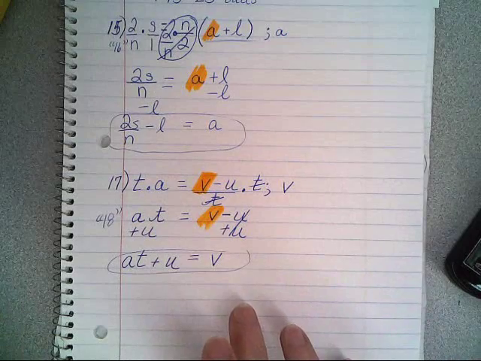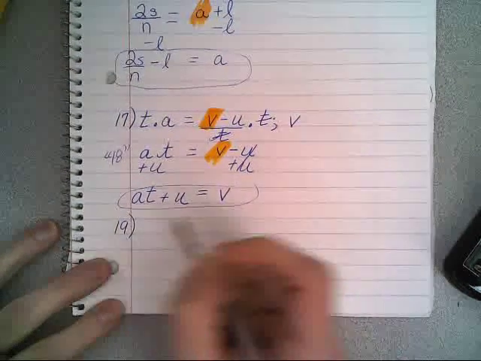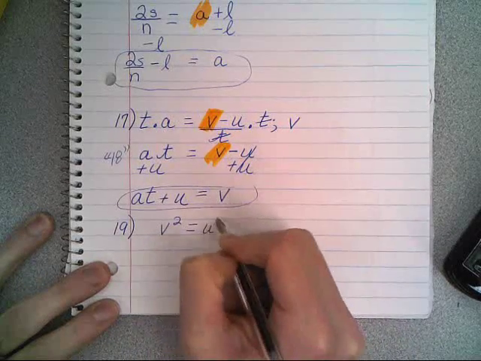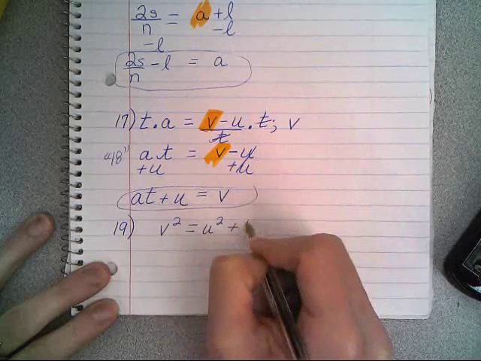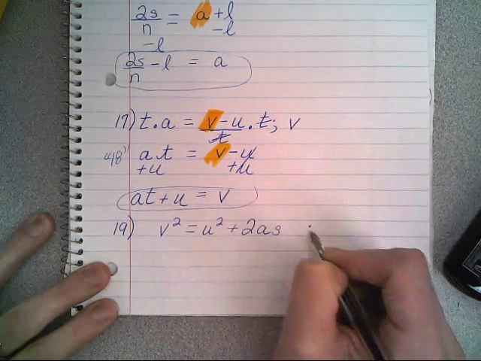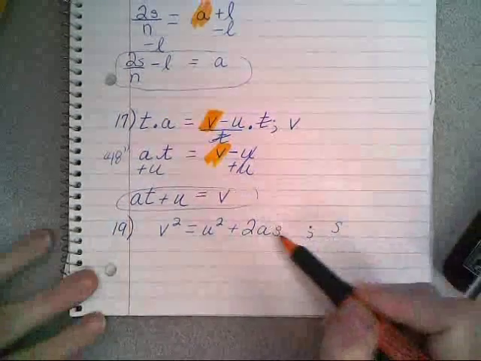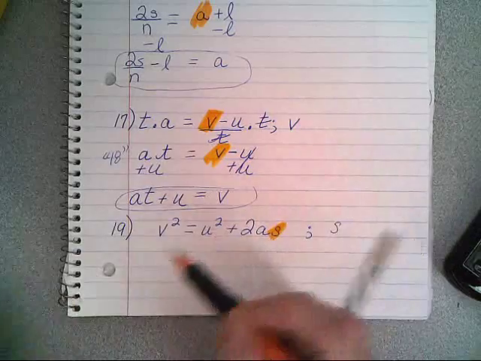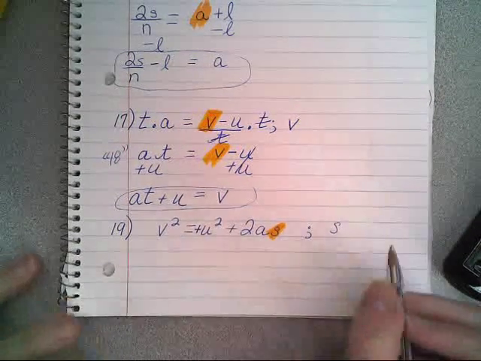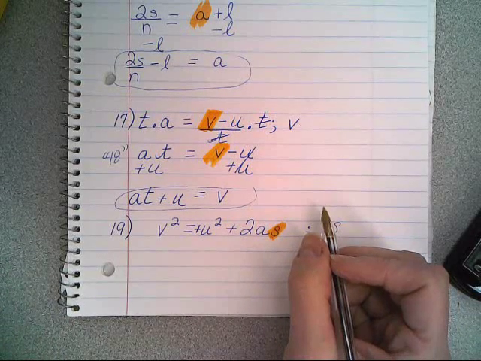Okay, 19. 19, we're trying to extract, let's see, v squared equals u squared plus 2 multiplied by a multiplied by s, and we're solving for s. See this u squared over here? That's a positive. Okay? You might not realize it, but that's a positive.